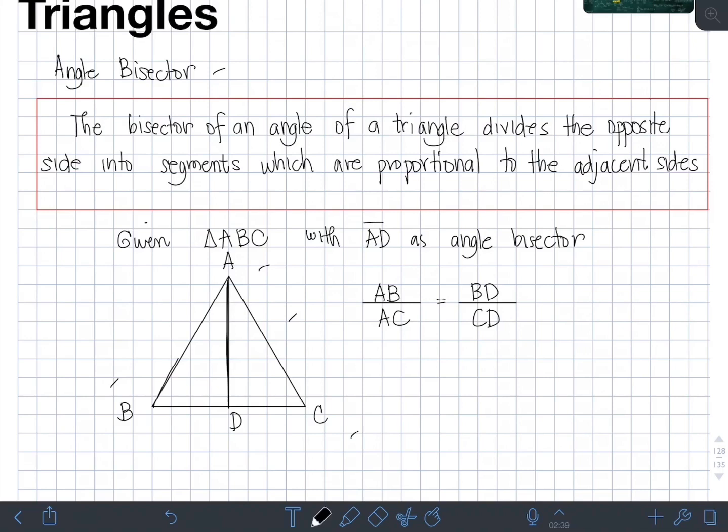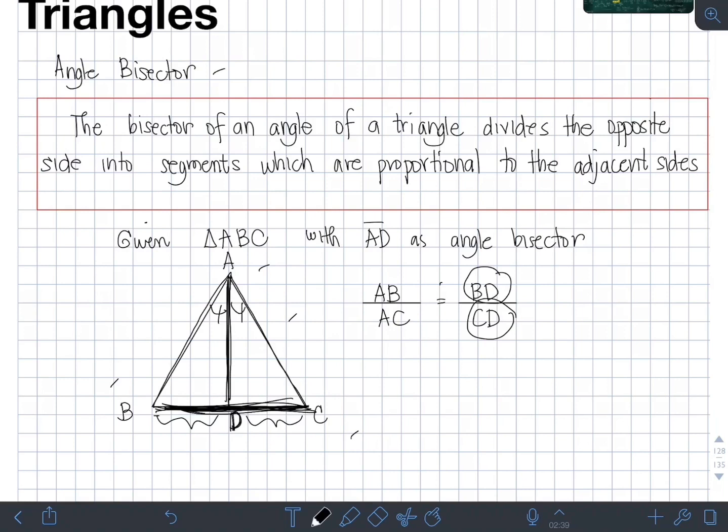Okay? Ngayon, using this theorem for angle bisector, sabi yung bisector of an angle daw dun sa triangle is i-divide niya yung opposite sides. So, yung opposite sides ito sa angle bisector natin is itong side BC, right? So, i-divide niya to into segments which are proportional to the adjacent sides. So, ibig sabihin ito sa segment BC being divided by this point D. So, yung ratio nila, which is itong BD over CD, is proportional doon sa adjacent sides.